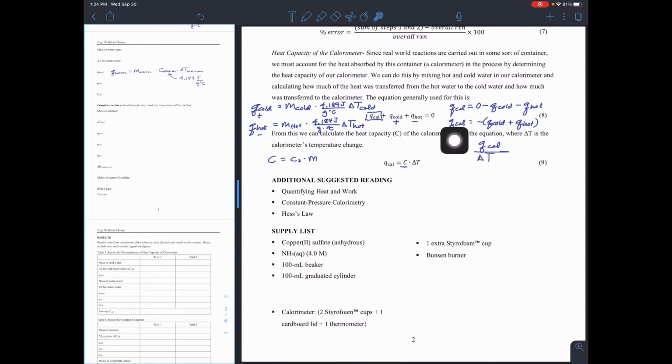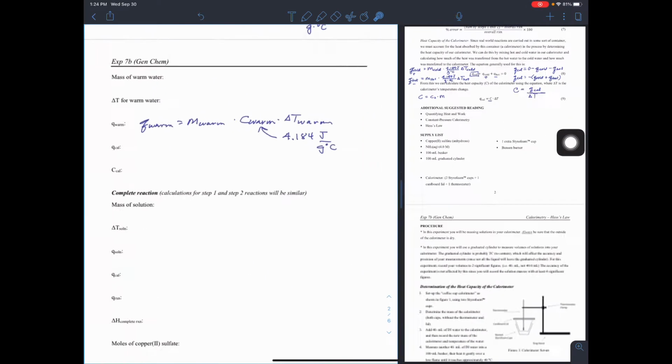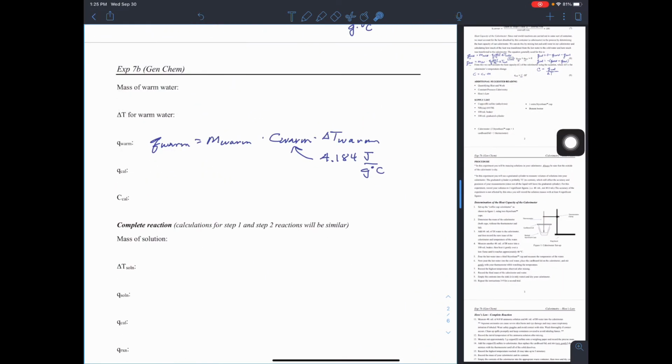So to calculate Qcal, we're going to add those two values together and change the sign. So Qcal here is equal but opposite in sign to Q for the cold water plus Q for the warm water. So plug those values in, record Qcal.